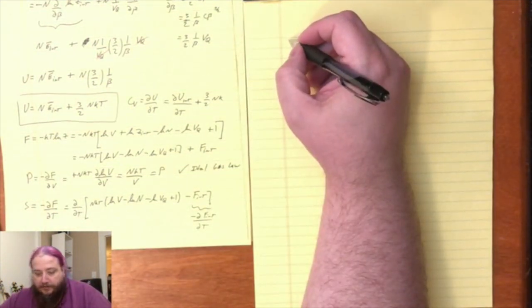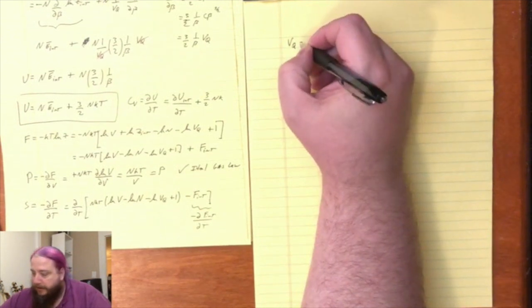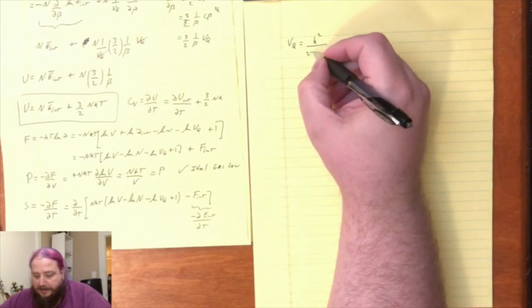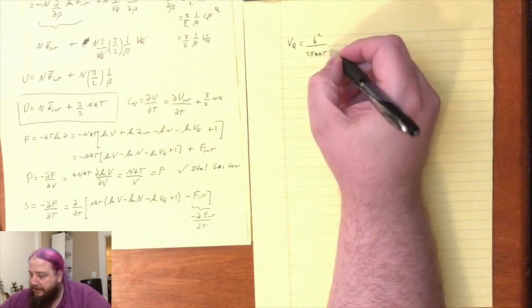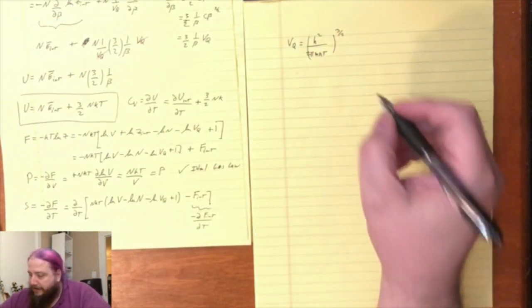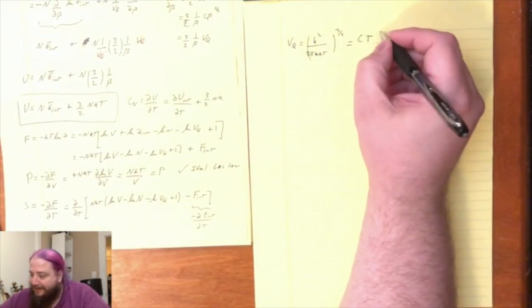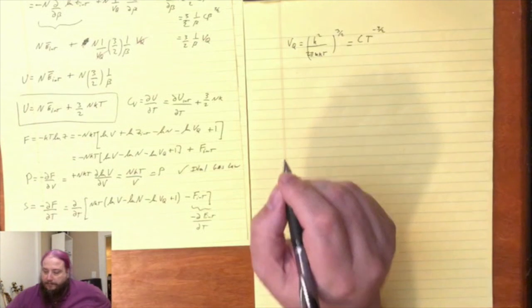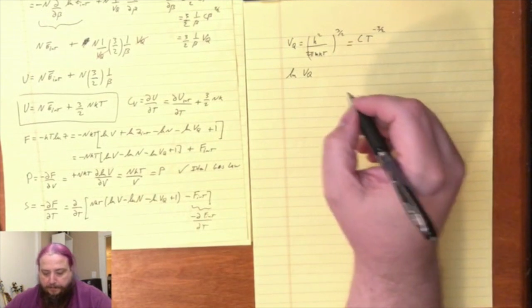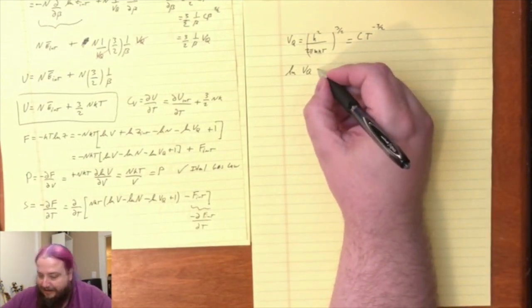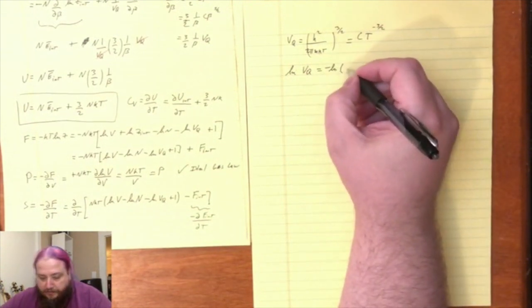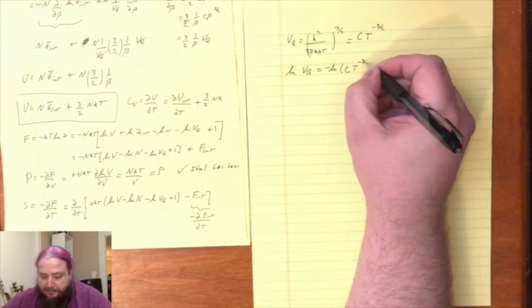Again, let's see, our quantum volume is h squared over 2 pi mkT to the 3/2, it's some ugly constant C times T to the minus 3/2. So the log of our quantum volume is going to be the logarithm of C times T to the minus 3/2.